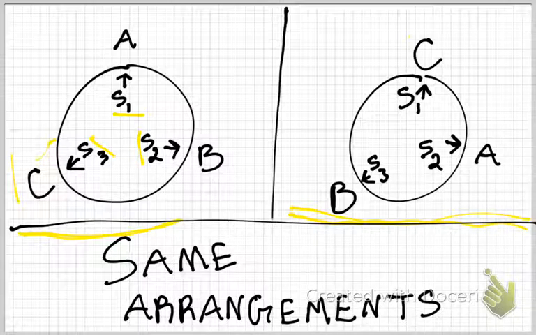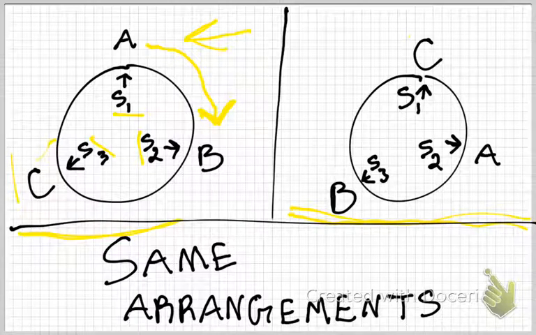So in this scenario, we got objects A, B, and C. Let's focus on the left side first. I know this is the right for us, but I'm considering it from the perspective of a person that's actually sitting at a table. This will be the left of A.